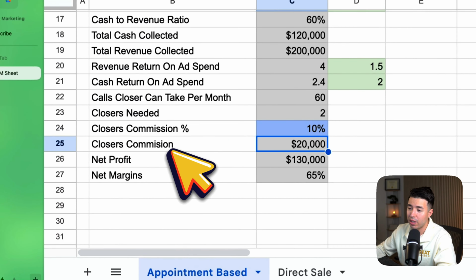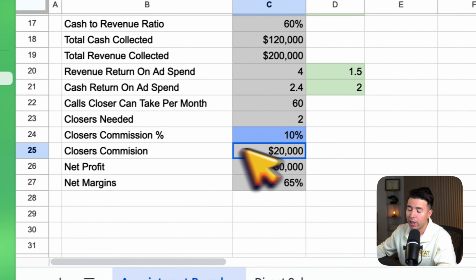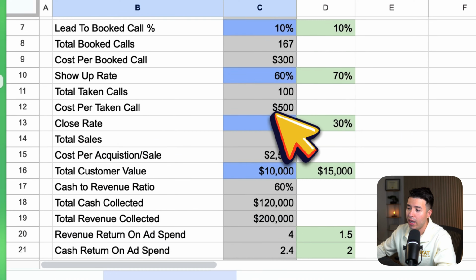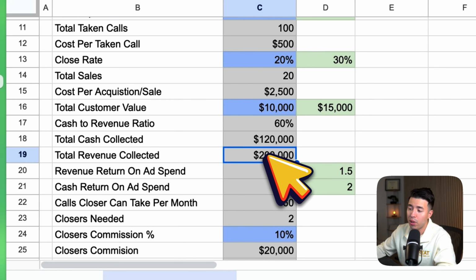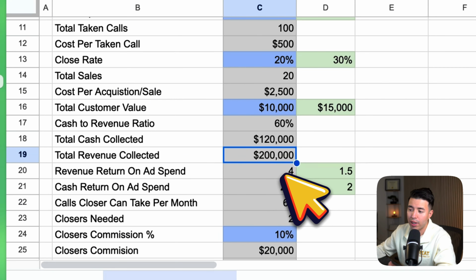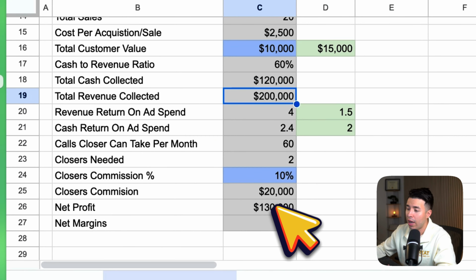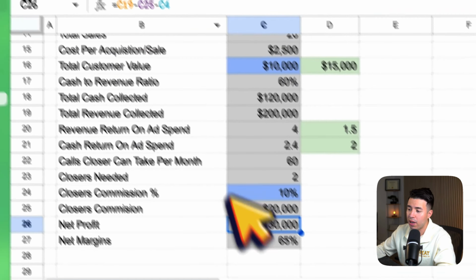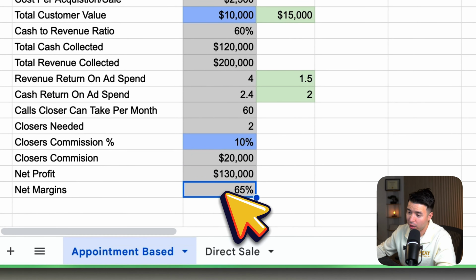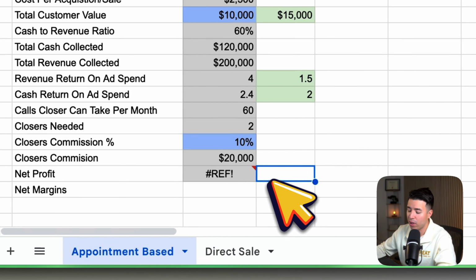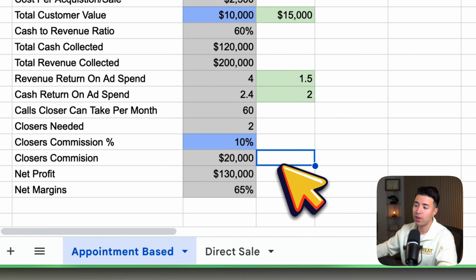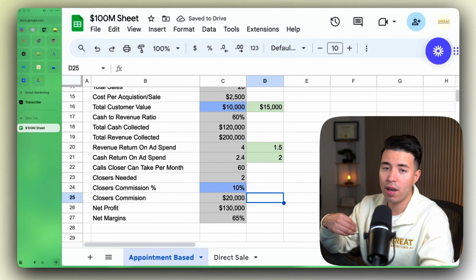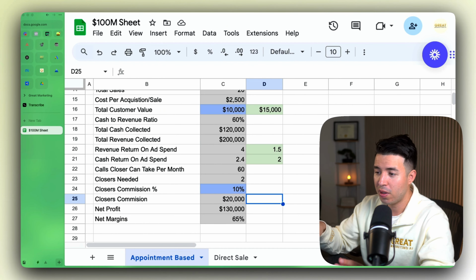So then that means our closer is going to get paid out $20,000, and from the $200,000 in revenue that we're collecting, after ad spend, after the commission, we're going to profit $130,000, and our margins are going to be 65%. And these types of margins are really doable for some type of coaching program where there's not a lot of upfront costs to fulfill the service.